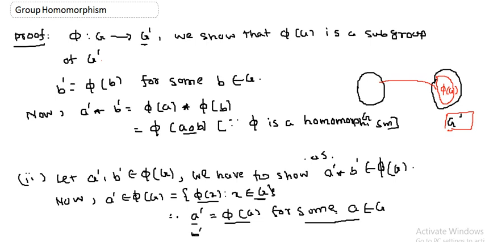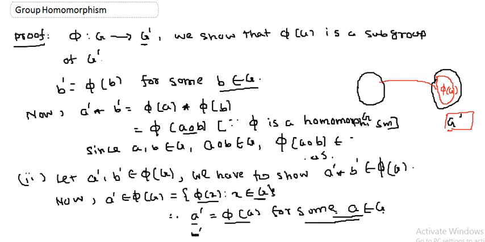So now you can see that because G is a group, since we choose A belonging to G and B belonging to G, A, B belong to G, and since G is a group, A compose B also belongs to G. So because A compose B belongs to G, phi of A compose B obviously belongs to phi of G. That means A dash star B dash, which is phi of A compose B, belongs to phi of G. So condition 2 holds.